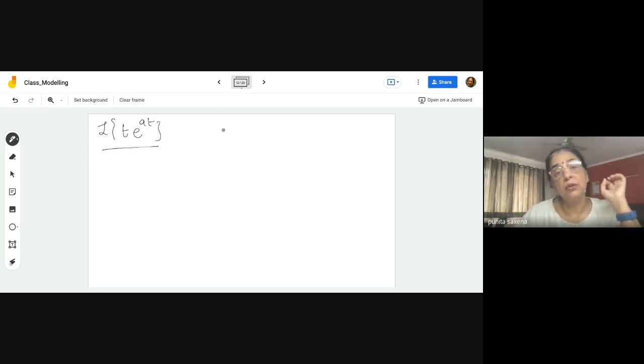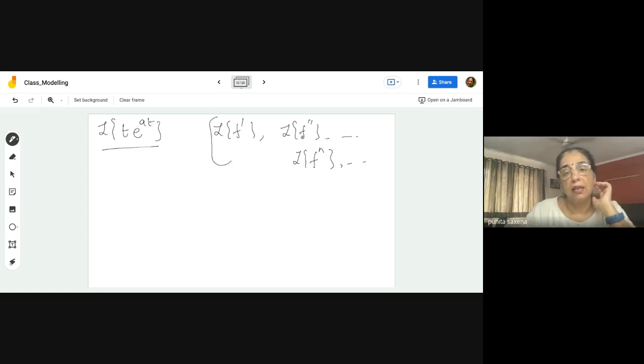What did theorem 1 talk of? Theorem 1 talked of the Laplace transform of f dash, Laplace transform of f double dash, and not just this, we can talk of the Laplace transform of the nth derivative of that function also. Okay, so if I have a function which satisfies those basic conditions that are required, then we can talk of the Laplace transforms of any order derivative for that function, right?